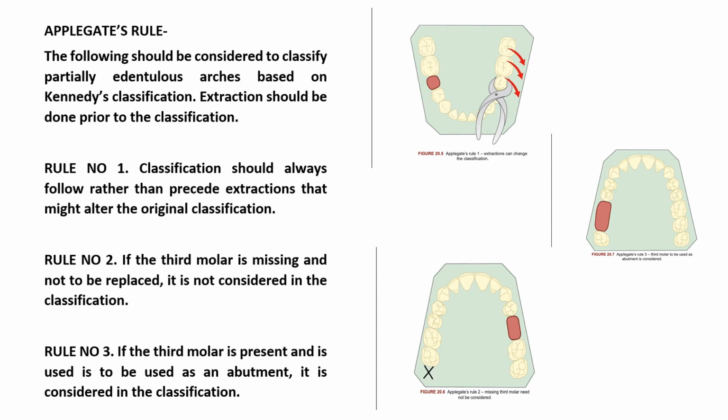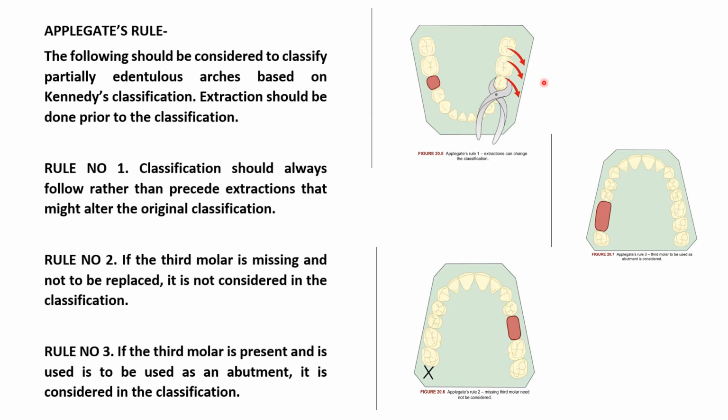So rule number 1 was classification should always follow rather than precede extraction, because it might alter the original classification. Now as it is shown in this diagram, if these teeth are to be removed because they are periodontally weak or have deep caries, and they are to be extracted, this is your edentulous area.